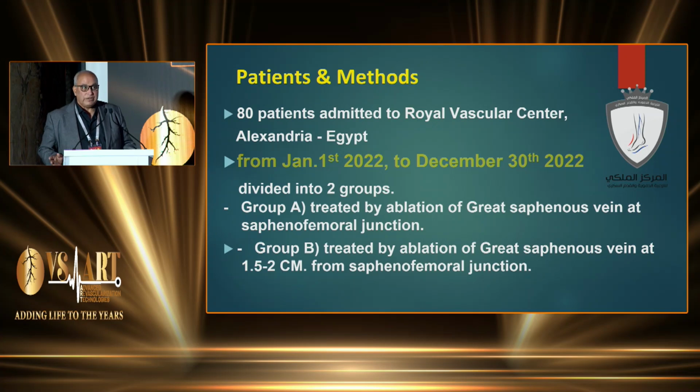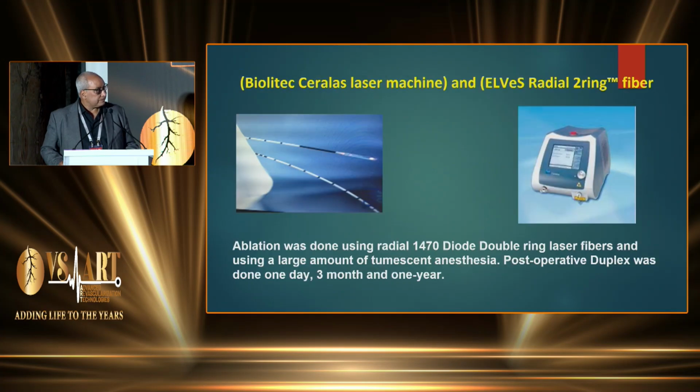Group A was treated by ablation of the great saphenous vein 2 centimeters from the saphenofemoral junction, and the other group, 40 patients, was treated by ablation of the great saphenous vein at the 0 point, crossectomy, at the exact junction between the saphenous and the femoral vein.